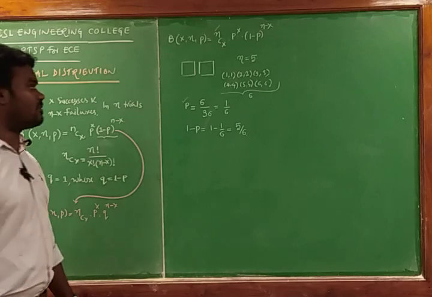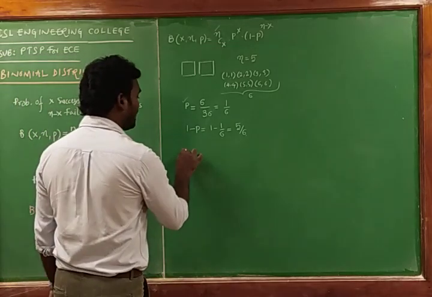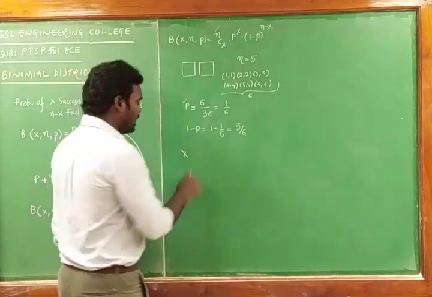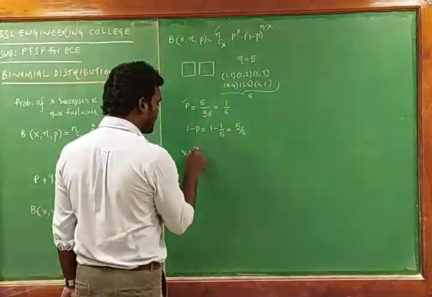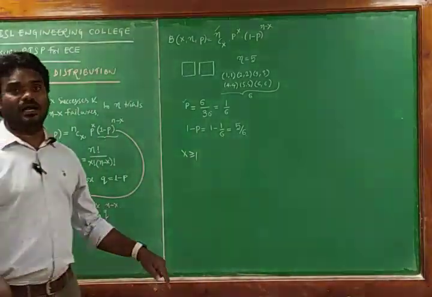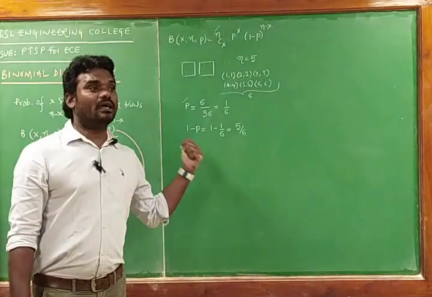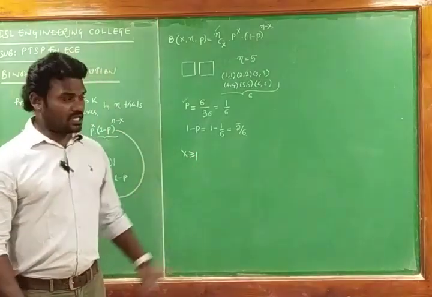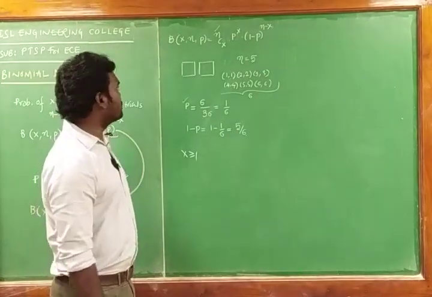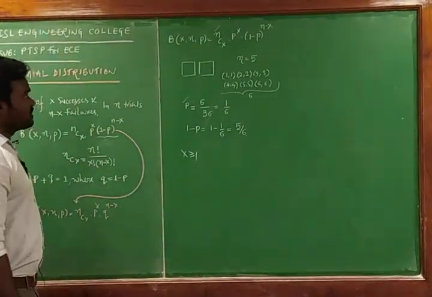At least one means X must be at least 1, greater than or equal to 1, such that we can calculate the probability distribution function by using the binomial distribution.